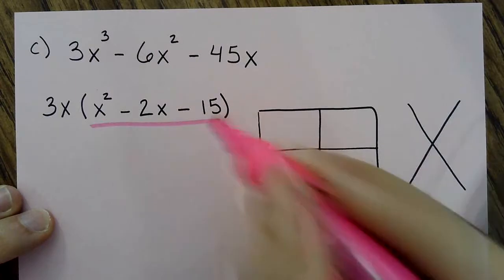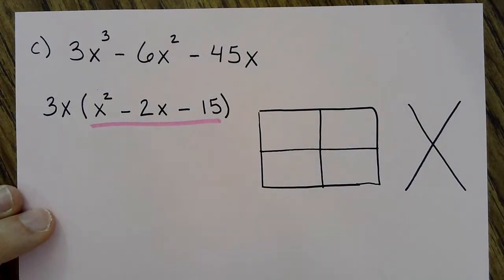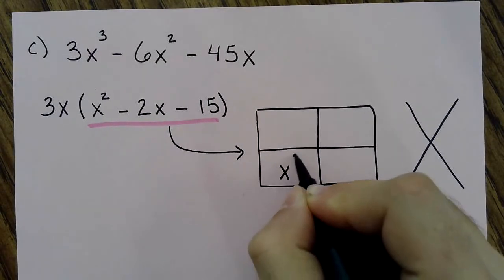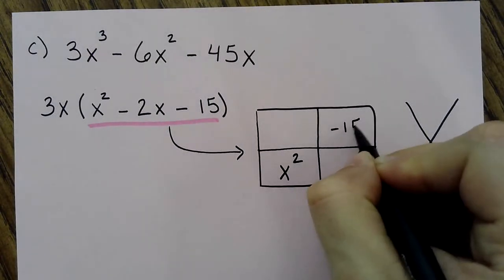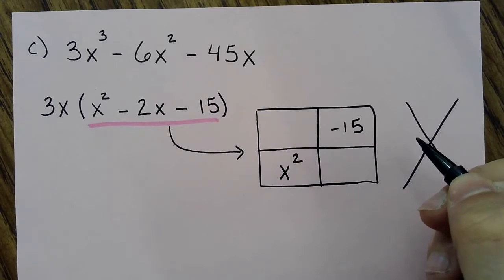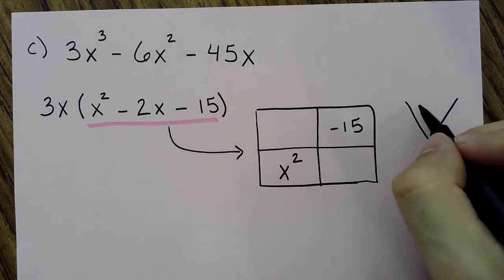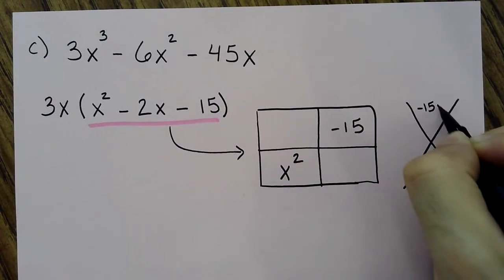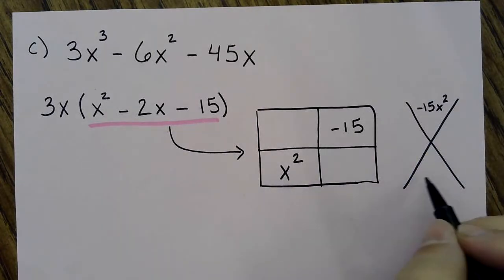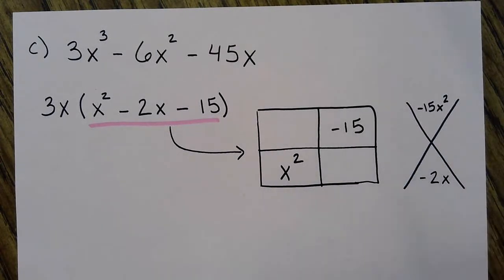We're going to factor what's in parentheses, that expression, using our generic rectangle. x squared, negative 15. Multiply our two terms. We need something that multiplies to negative 15x squared and adds to negative 2x.